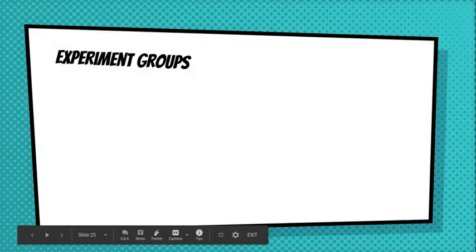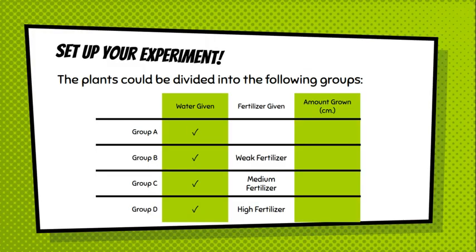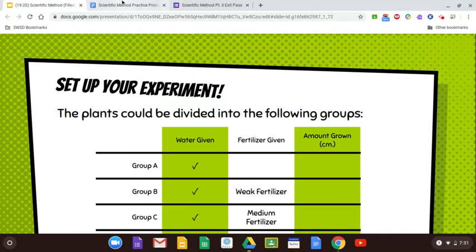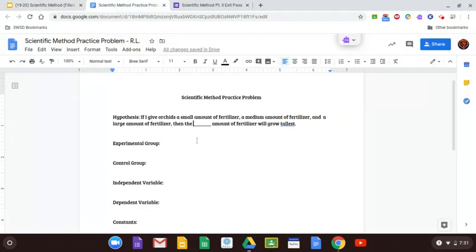Okay? So at this point, we want to determine what the experimental groups are going to be, as well as the control groups. So what I'd like you to do is go back to your document. You are going to say, is group A, B, C, or D the experimental group?